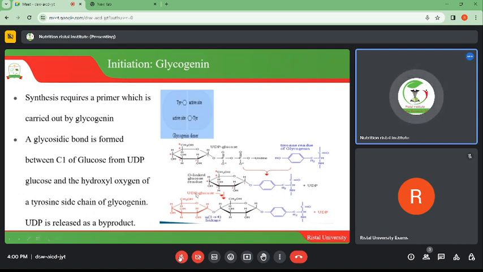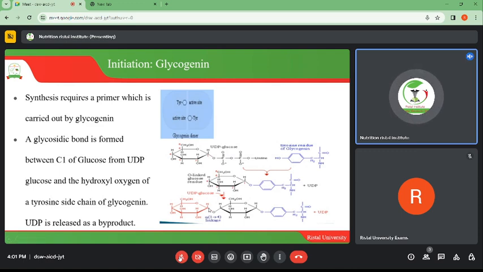So we have the UDP glucose bonding onto these glucose molecules to form this chain. Then the UDP is released and leaves the glucose to join with the primer, and that joining occurs at the 1,4 linkages, meaning the glucose molecule that was originally on the primer is bonded on the fourth carbon, and the one that comes in is bonding on the first carbon.